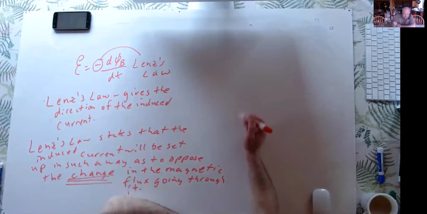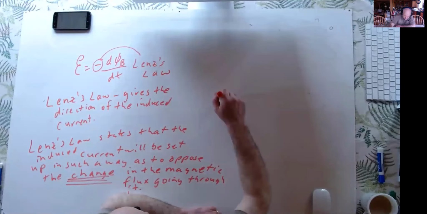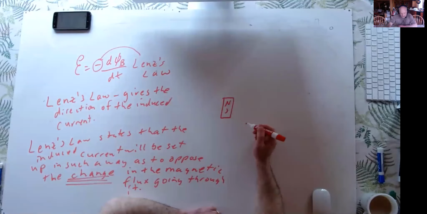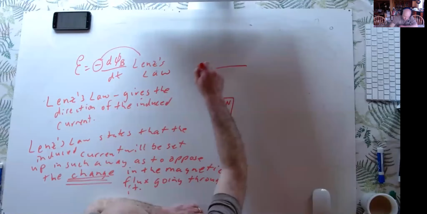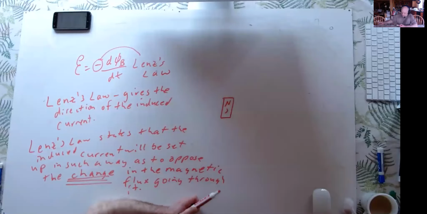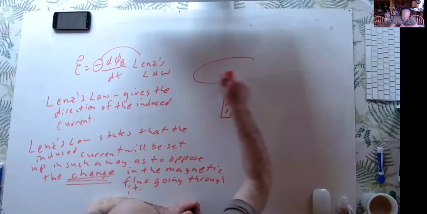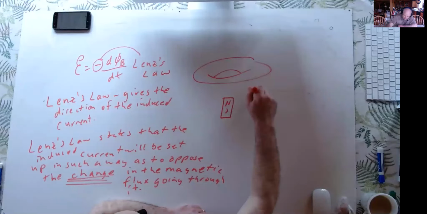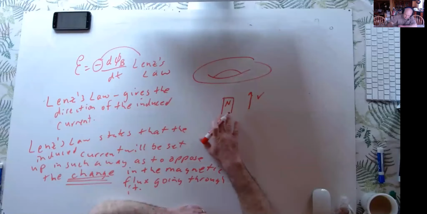Okay, so let's go back and reanalyze this. Let's go back to this picture here. And if you have some colored markers, pull out your colored markers. Okay, so let's go back to this case here, and let's do the case where this is moving up like this. Let me make this a little more like that.